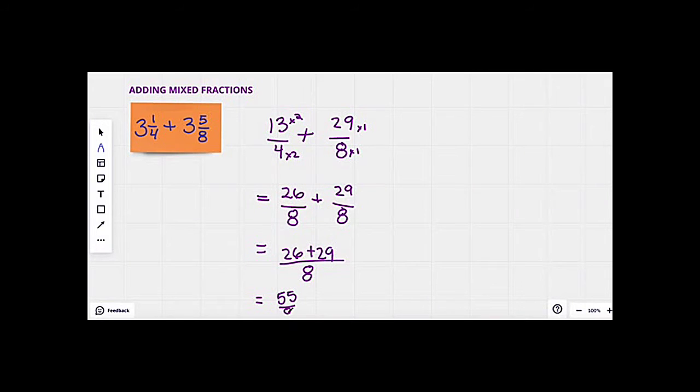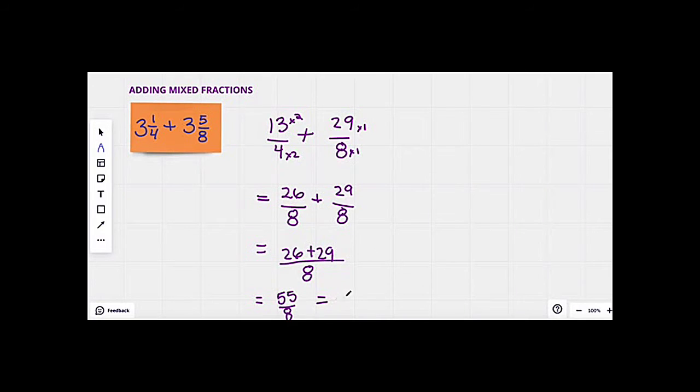Now you'll notice that our result is still in an improper fraction format, so we need to change it back to a mixed number because we were adding mixed numbers. To do that, we're going to apply our conversion rules. How do we do that? We divide the 55 by the 8.